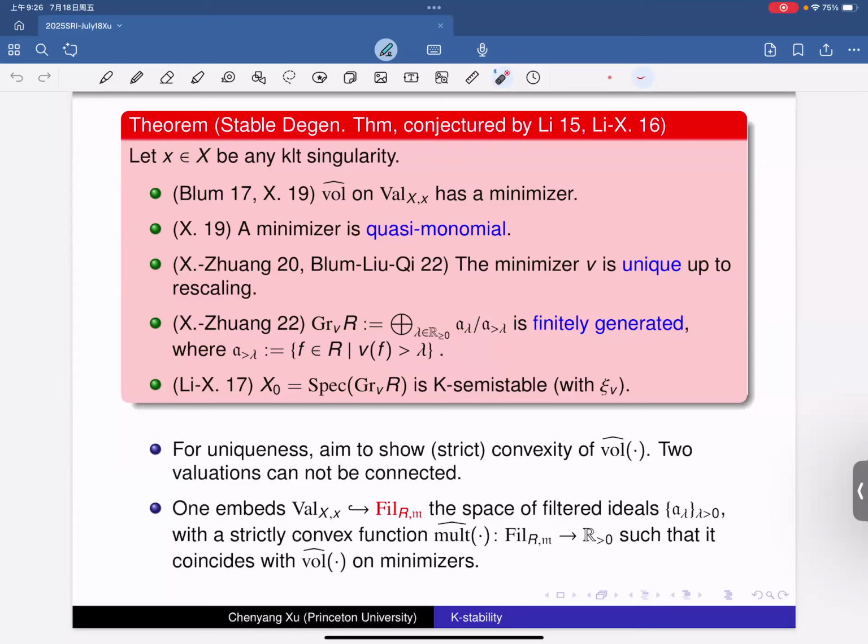So there is no natural path to connect valuations. So somehow you have to embed this valuation space into a larger space called the space of filtrations by ideals. And then you get a similar function, which is the normalized multiplicity, and you show this function is actually strictly convex. That was the idea in the work of Blum, Liu, and Xu.